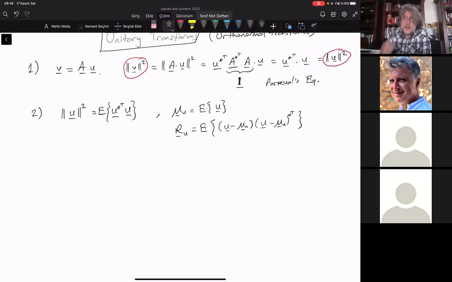Now, I have been using conjugate transpose operators all the time. Let me put an exclamation here and warn you about implementation using computers.